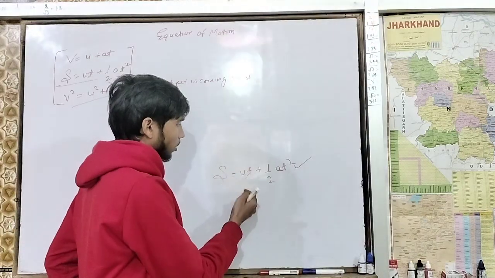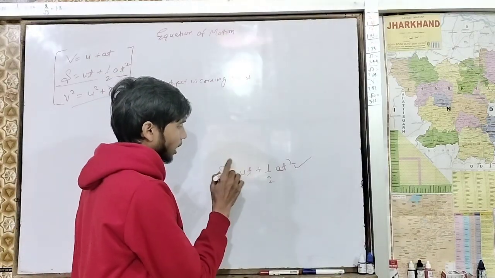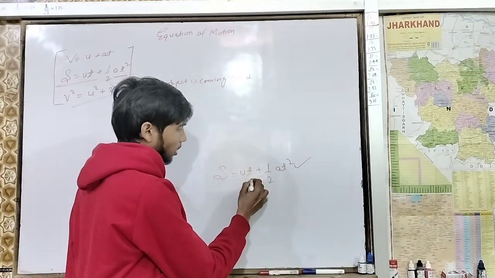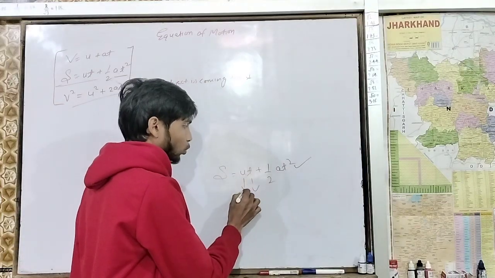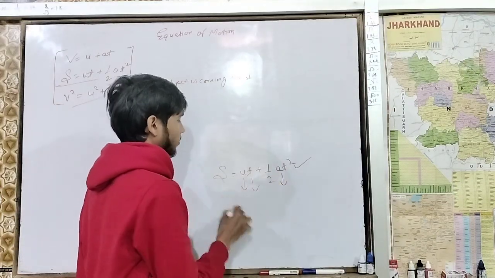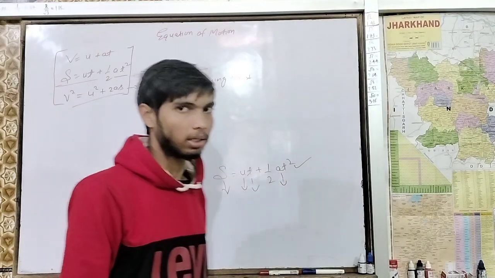However, we can get t, u, a, s, all these things from this equation.